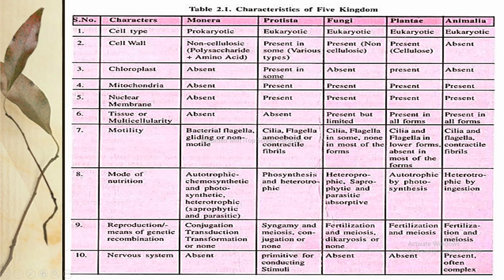Next is the character of reproduction: by means of genetic recombination, conjugation, transduction, transformation or none; syngamy and meiosis; conjugation or none; fertilization and meiosis; dikaryosis or none; fertilization and meiosis; fertilization and meiosis. Next is the nervous system: absent, primitive for conducting stimuli, absent, absent, and more complex is present.